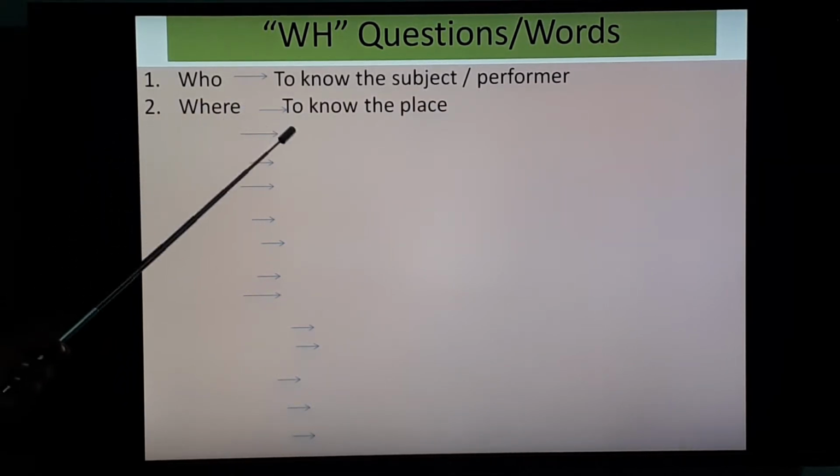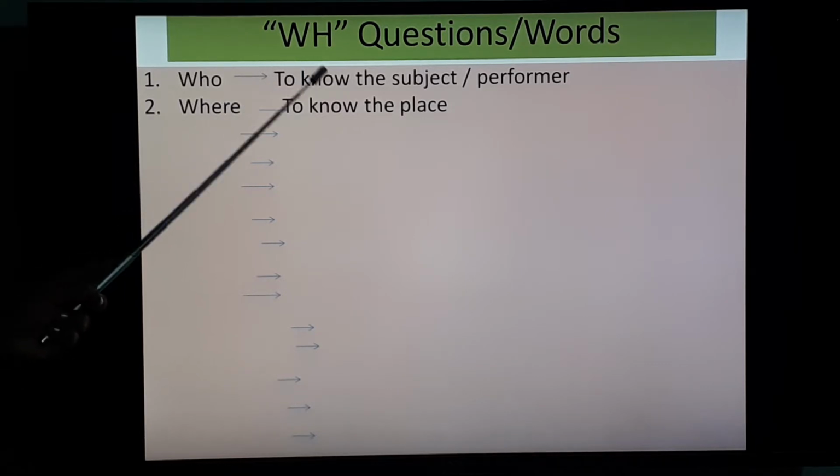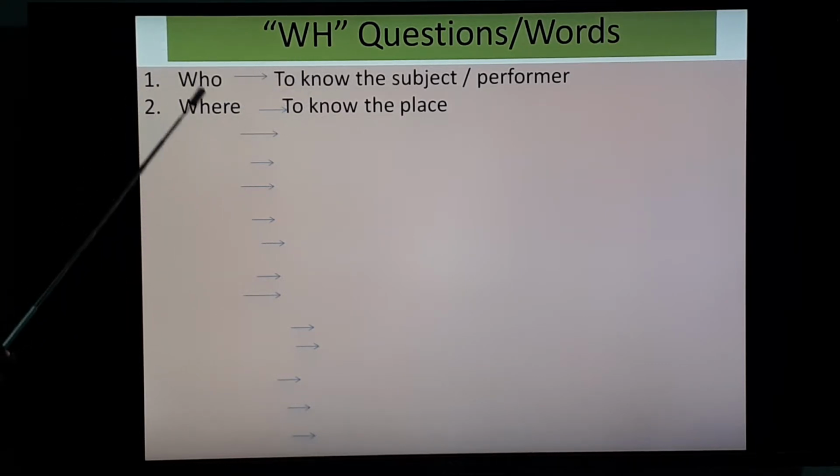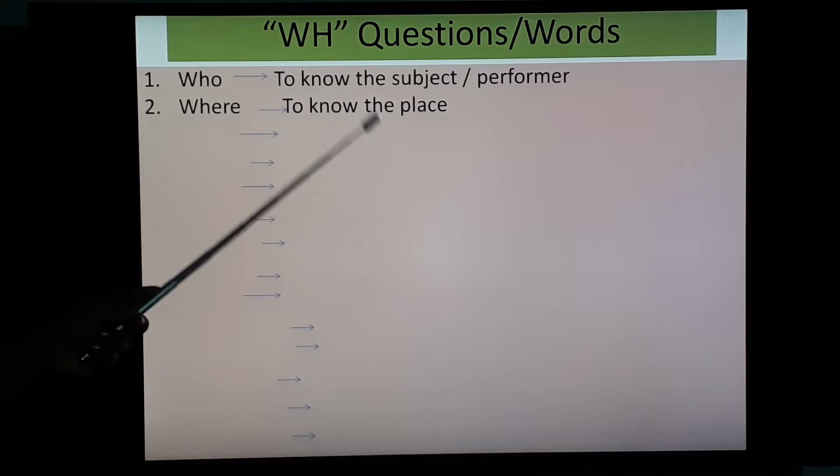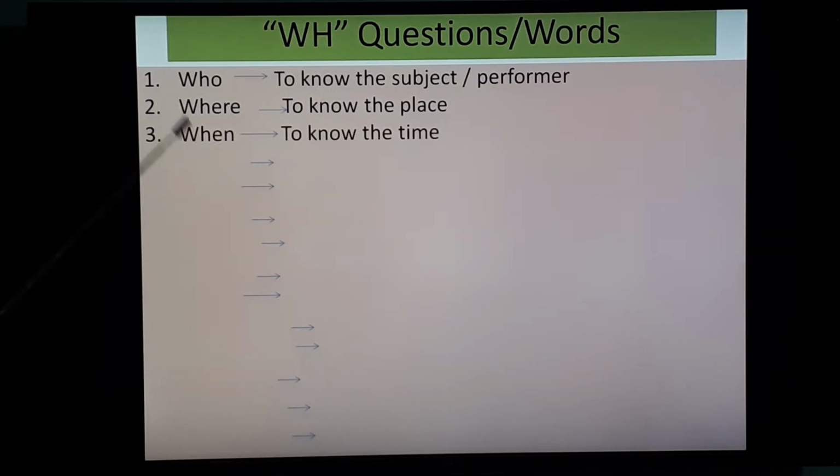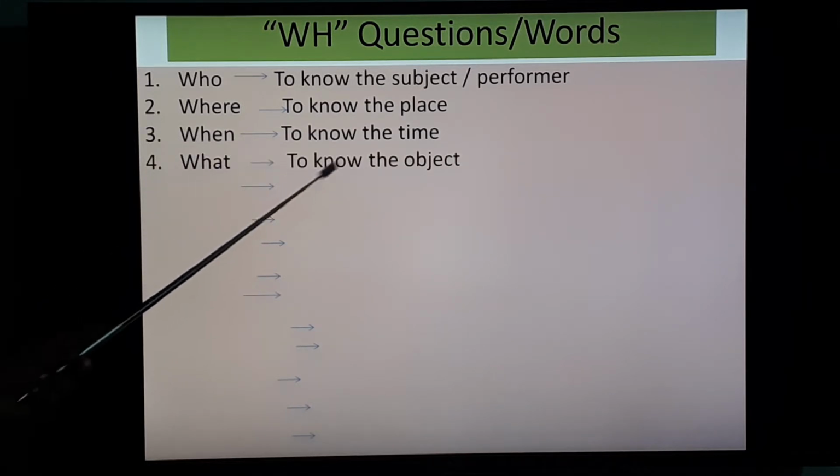It shows place. So if you want to frame your question with the help of where, you will get the place. When. When is used to know the time. What. What is used to know the object.